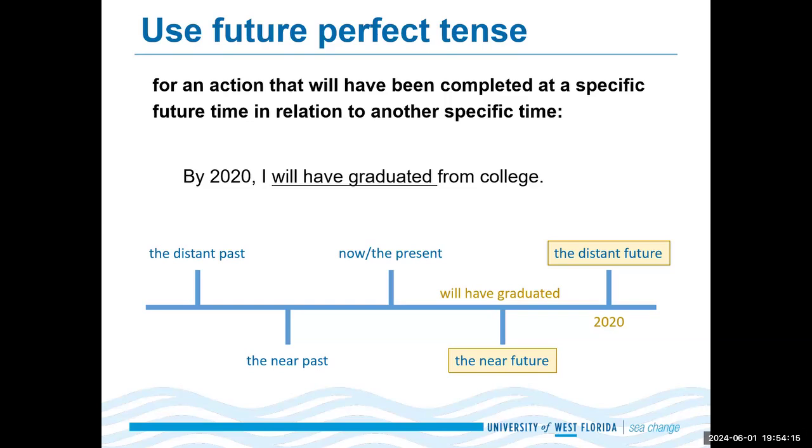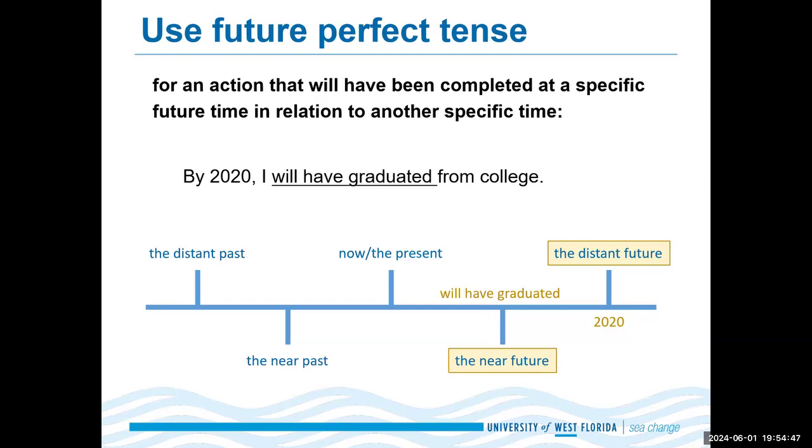I will have graduated from college because it is not yet completed, but expected that by 2020, you will have a graduation that will have been completed at a specific future time. That means that at that specific time, nakagraduate ka na.